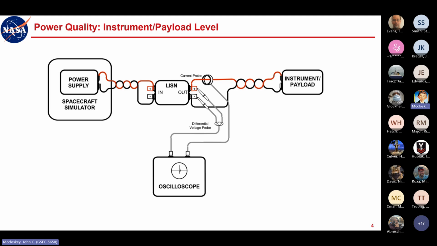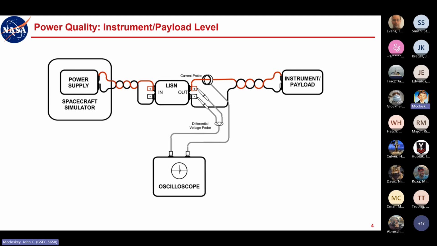So here's just a representative diagram for how you would look at power quality at instrument or payload level. You would have your power supply in your spacecraft simulator, or just an EGSE power supply, and you would want to go through a LISN that represents the spacecraft source impedance, because you're ultimately measuring voltage, which is going to depend very directly on that LISN impedance, or just on the spacecraft source impedance.